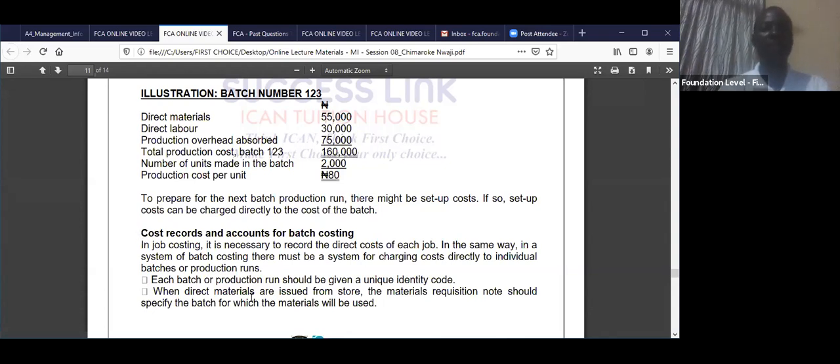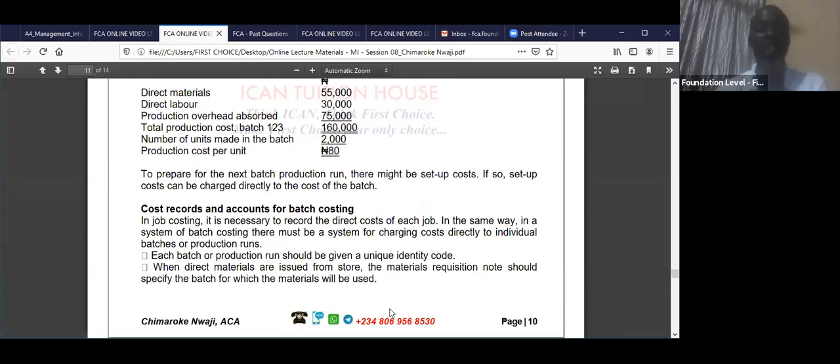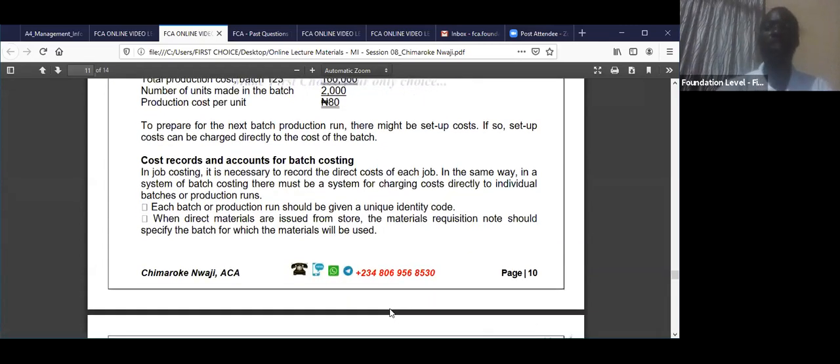When direct materials are issued from the store, the material requisition note should specify the batch to which the materials will be used. Just like job costing, where you specify the job, this is specifying the batch you are using it for.